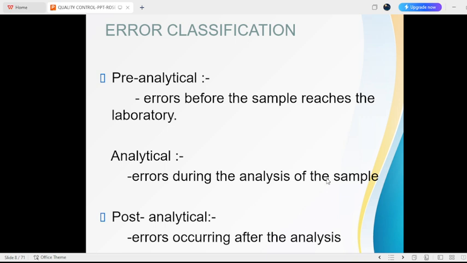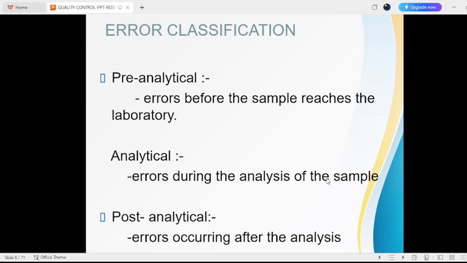Next is a little bit about error classification. I have already told you there are different types of errors, and they are classified as pre-analytical, analytical and post-analytical. Pre-analytical means errors before the sample reaches the laboratory or the analytical area.